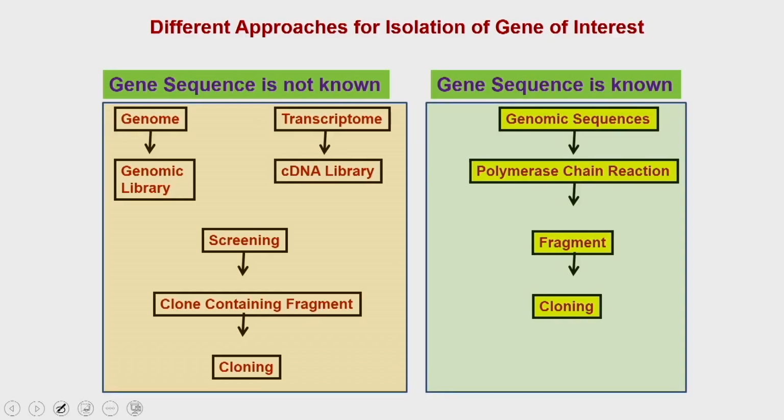In scenario number 1, you do not know the sequence of the gene you want to clone, but what you know is its character. In the other scenario, the gene sequence is known, which means the genome of that particular organism has been sequenced completely, and from this genome you know the gene sequence.